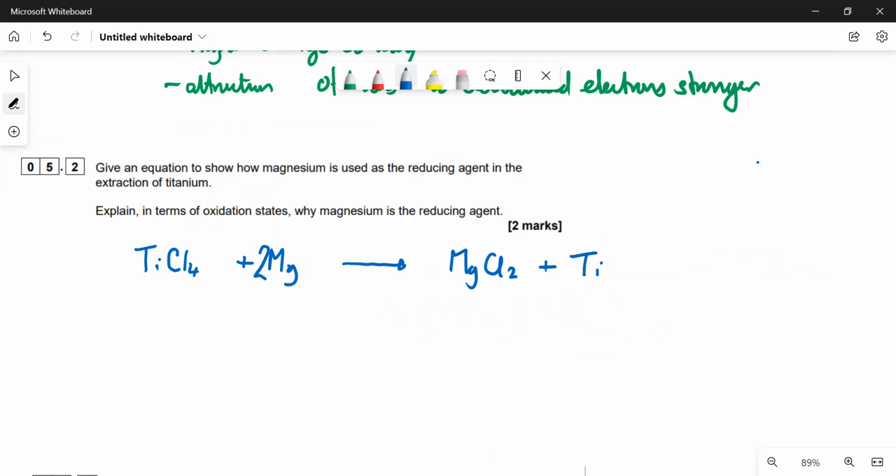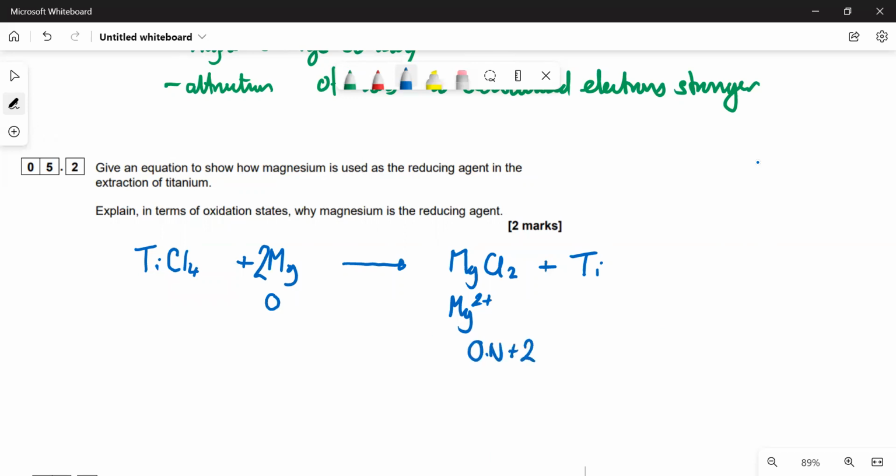Right, okay, so explain it in terms of oxidation states why magnesium is the reducing agent. Well, let's look at the oxidation state of magnesium here. It is 0. Here it's an Mg2+ ion, so it's got an oxidation number of +2.